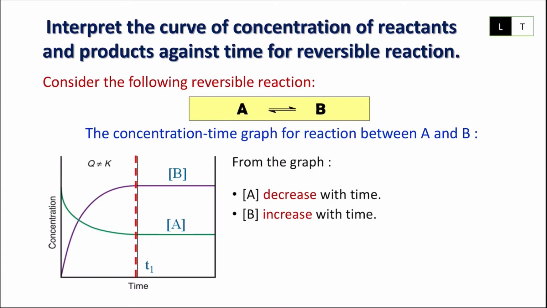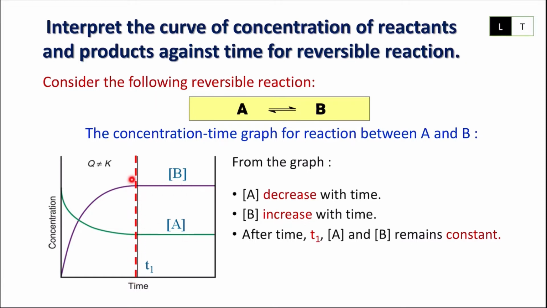So ini secara general. Sebab tu bila produk dia akan makin bertambah, increase with time. Bila reactant dia akan makin berkurang with time. Seterusnya, after time T1, concentration A and concentration B remain constant. You can see that ada horizontal line after T1.